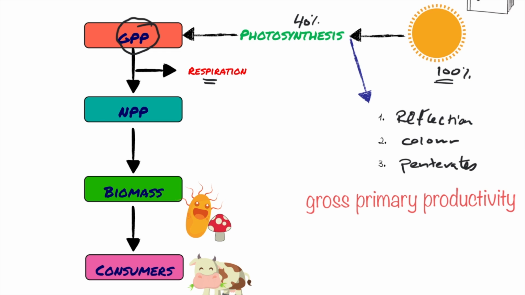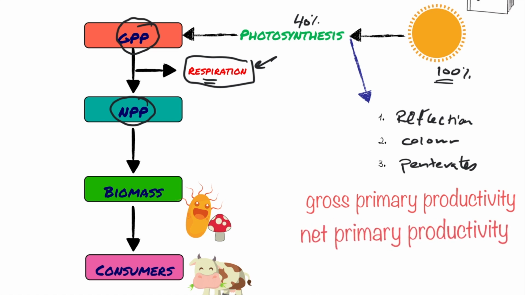But due to respiration and this waste of energy by the plant itself, there will be a smaller amount of energy. That's what we call NPP. So NPP is always going to be less than GPP. NPP stands for net primary productivity, which is always less because it's basically GPP minus the energy that has been wasted by respiration. All right.